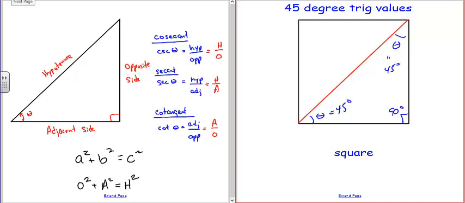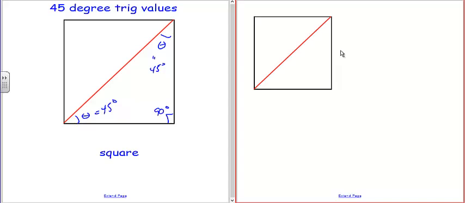As a consequence, we could call this side A and this side A and this side the hypotenuse, I guess you could call it that. The Pythagorean theorem says A squared plus A squared equals H squared, so you get 2A squared equals H squared.